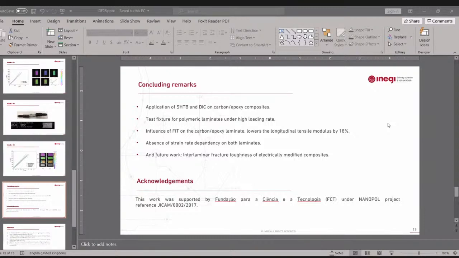So our goal here is to assess the mechanical properties that are developed by our partners, in order to run the advanced crash simulations or develop the material model. And these are the tools that we use to measure the material properties at higher loading rates.